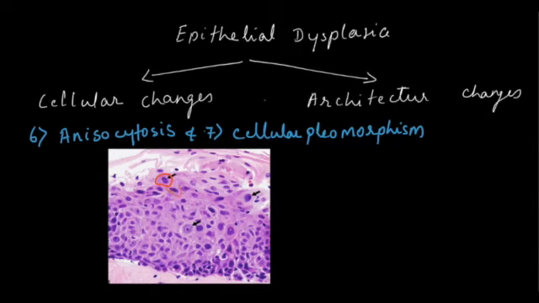This is a photomicrograph of dysplastic epithelium in which both these features can be appreciated very well, anisocytosis and cellular pleomorphism. You can see that these orange lines that I am drawing, the circles, they show different sizes of cells, some are small, some are big, and this is anisocytosis.